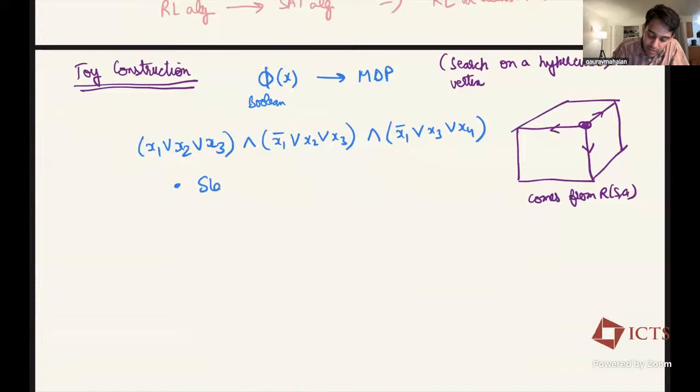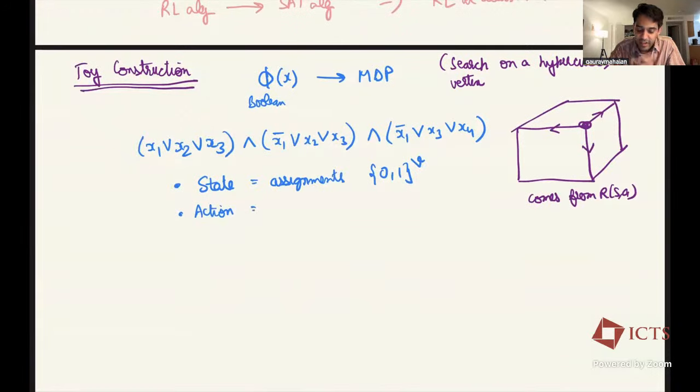Like I said, the state space is this hypercube. In terms of this Boolean formula, it's the assignments to these variables, so it's assignments 0, 1, 2. So that's our state space. Our action space, like I said before, is basically going to correspond to flipping variables.